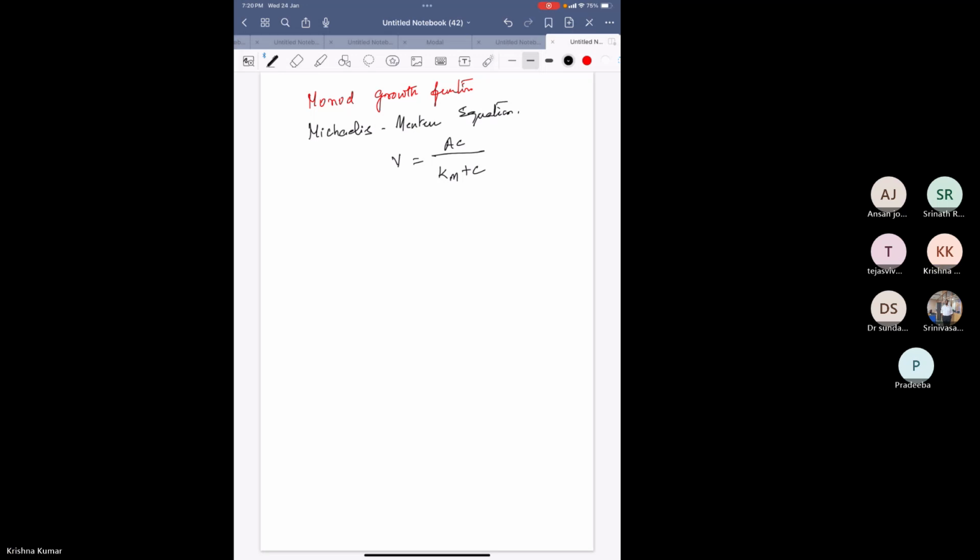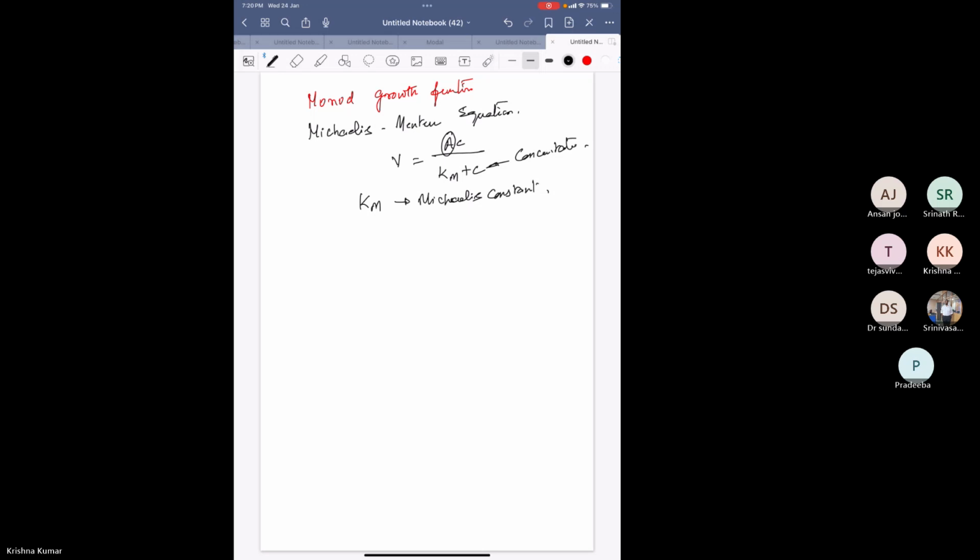So this is the equation. Km is a constant, which is called the Michaelis constant. C is the concentration. Let's see what is this A.